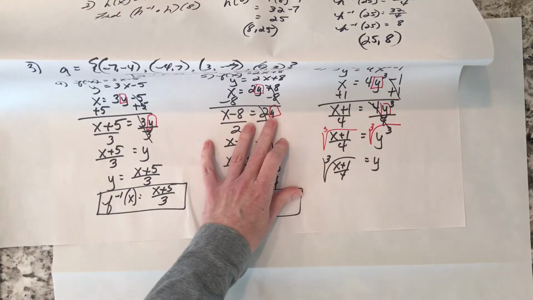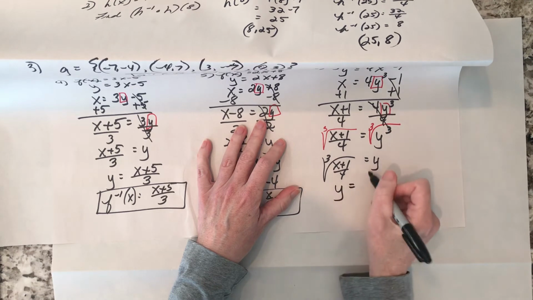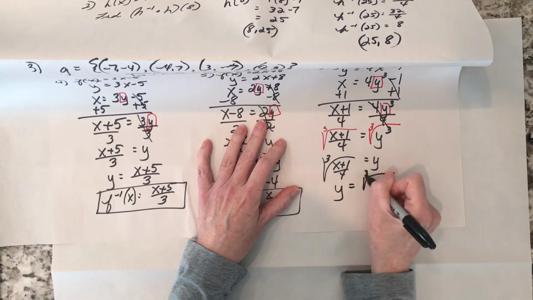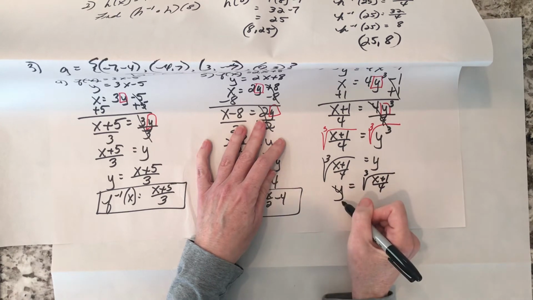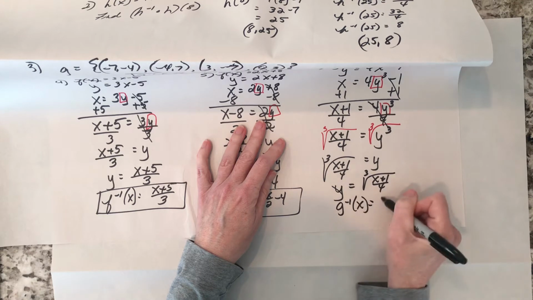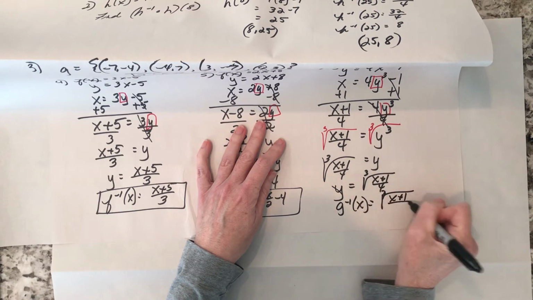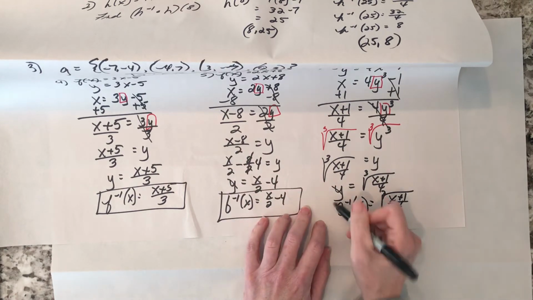I just bailed on it. So let's reverse the two sides, and then let's change this out. This was g of x, so this will be g inverse of x equals the cube root of x plus 1 over 4. So I just didn't finish it up.